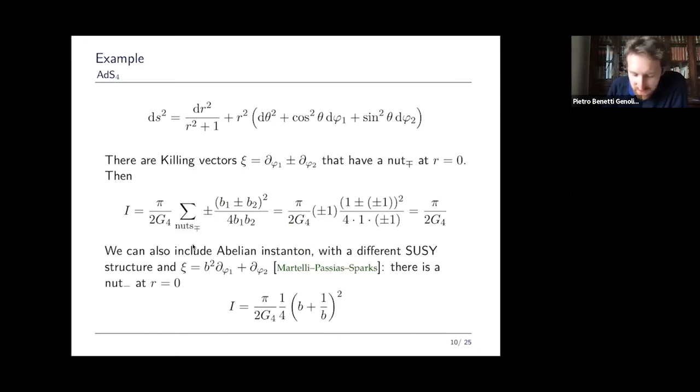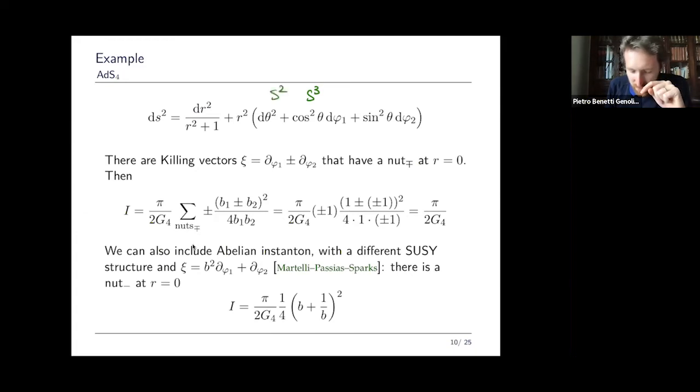There is a Killing vector, Xi, which is d phi 1 plus or minus, meaning that there are two Killing vectors. These are the vectors that rotate. If you like the geometrical viewpoint, this is a metric on S3, and S3 you can write as a Hopf fibration.